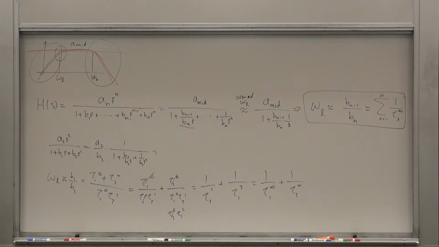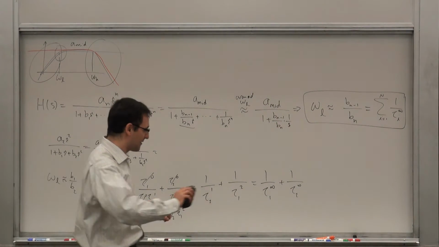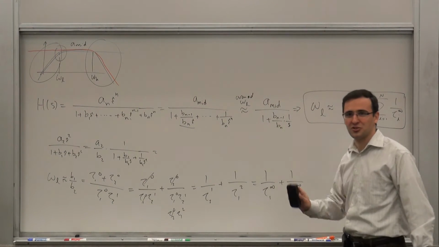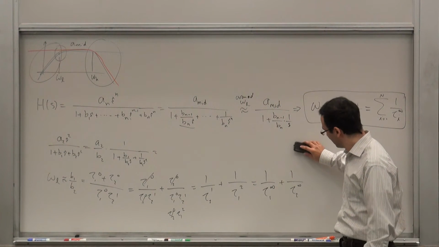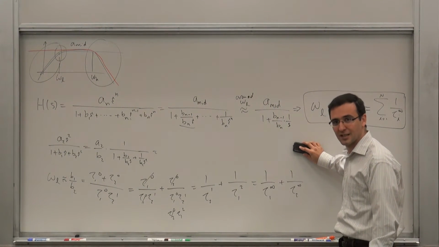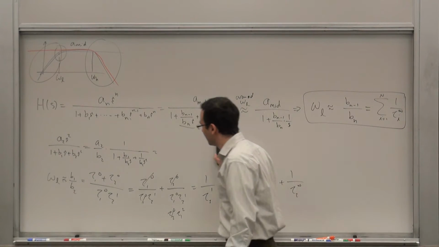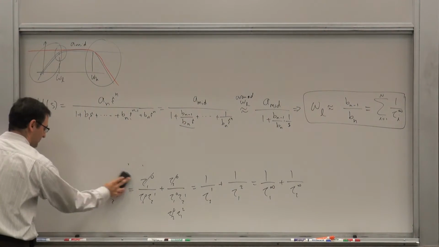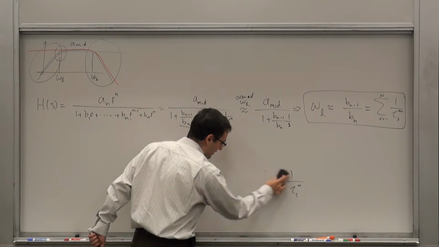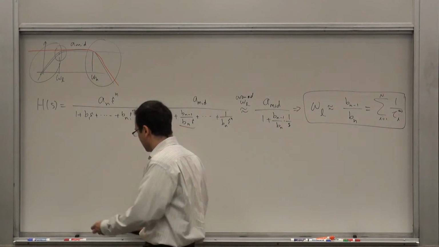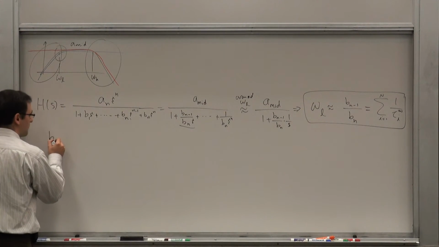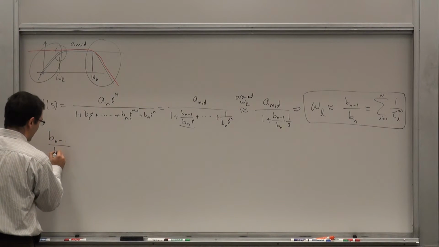I'm going to erase it and do it for the nth order system. Just a little bit of indexmanship. Ready? In general, I'm interested in Bn minus 1 over Bn.